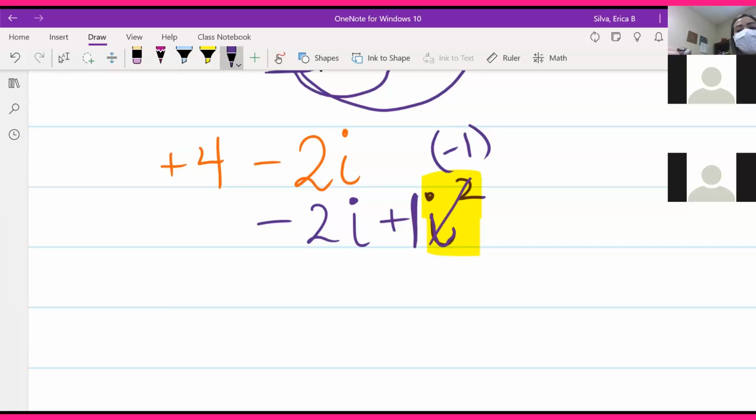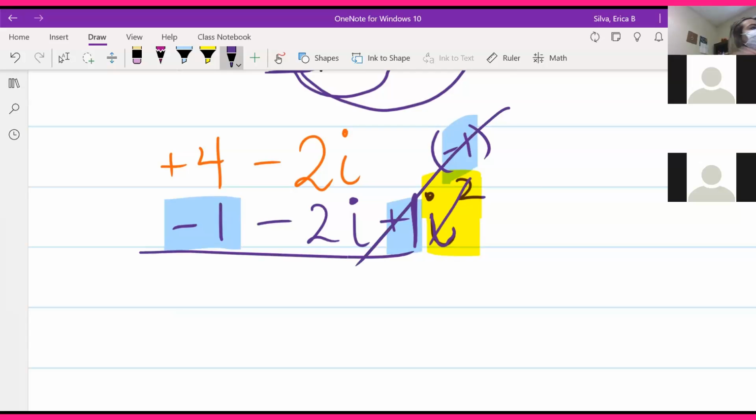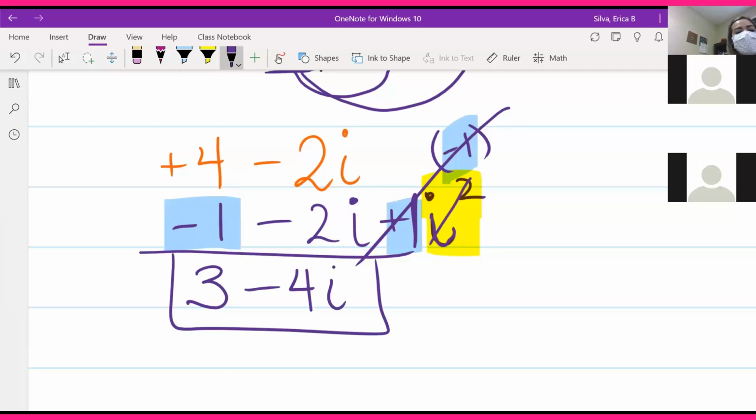It's a 1. So we have negative 1 times 1, and that gives us negative 1. So I'm going to cross this side out so it doesn't confuse me. And then we just add 4 minus 1, 3. Negative 2i minus 2i is a negative 4i. Questions?